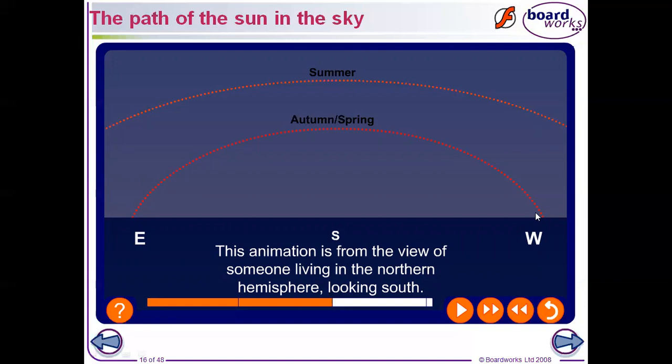Okay, I'm going to tell you the reason in a short while why the sun appeared to be closer to the earth during the autumn and spring.